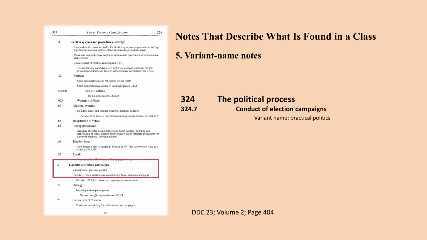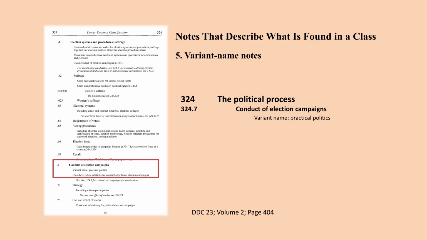The fifth one is variant name notes. Variant name means the synonymous or near synonymous terms. So if you go to political science in page number 404, the class 324 is dedicated to the political process. Under 324.7, the entry is conduct of election campaign.